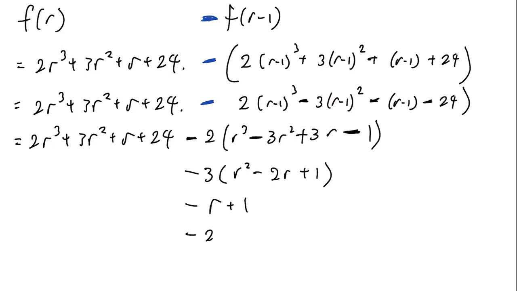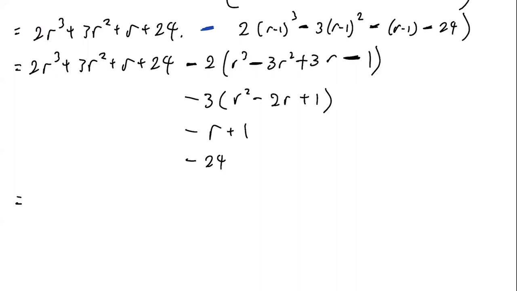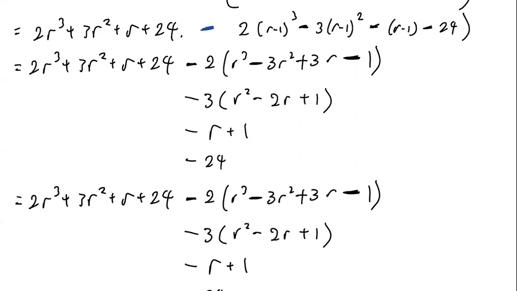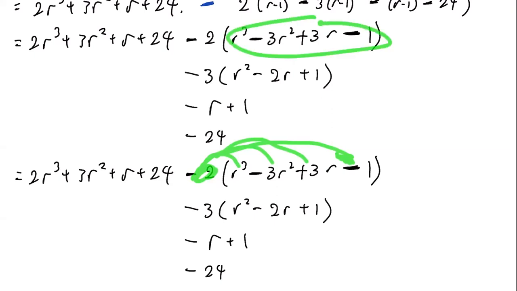And then minus 24. Then we can continue expanding, so copy everything down again. You should really try to remember your binomial expansion so you can save some time. Or you can just use the formula from the MF26 for binomial expansion, but learn how to do it fast.